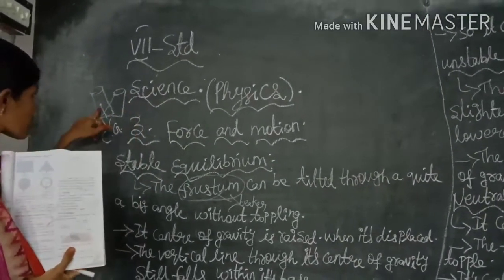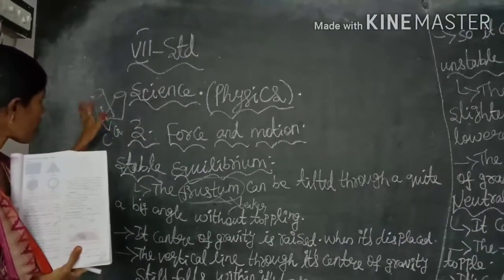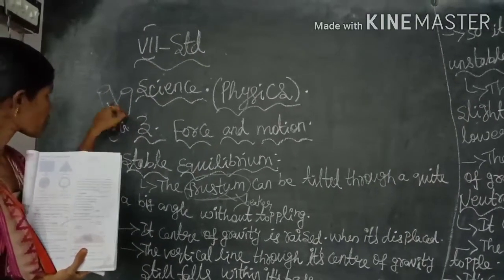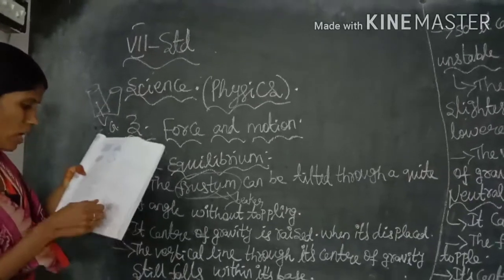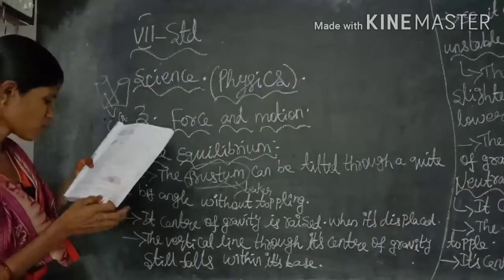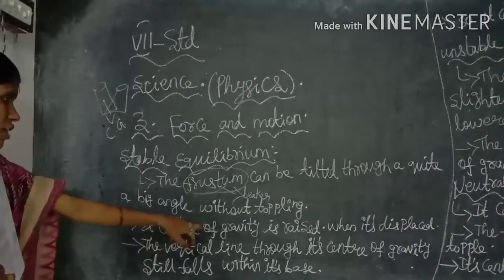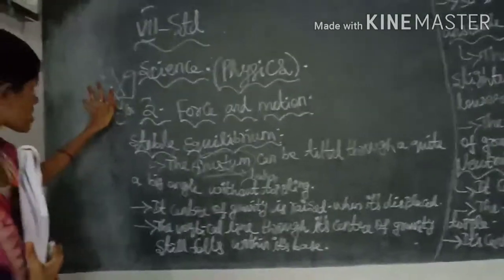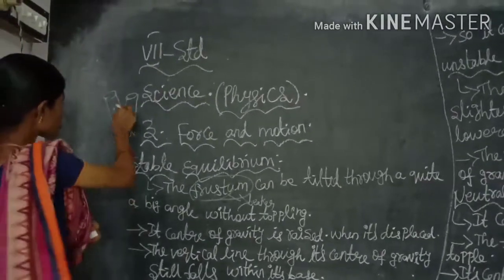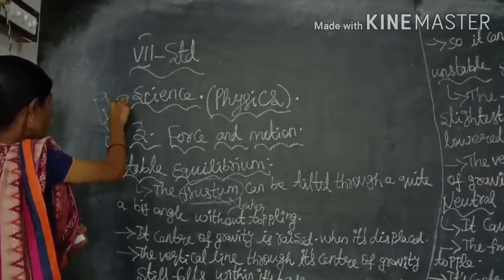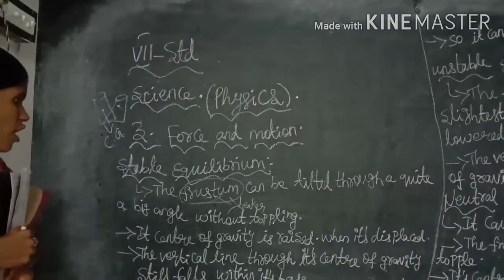In the first case the center of gravity is in this place, and after the tilting the center of gravity is varied. Like that, its center of gravity is raised. So if we slightly vary from this place, its center of gravity will rise, due to the forward direction.